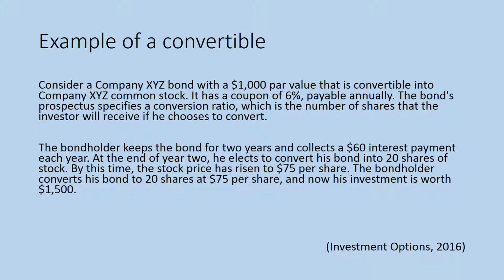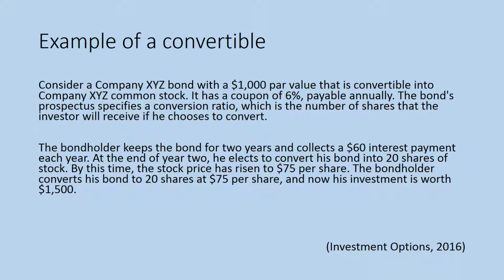Consider a company XYZ bond with $1,000 par value that is convertible into XYZ common stock. It has a coupon rate of 6% payable annually. The bond specifies a conversion ratio, which is the number of shares that the investor will receive if he chooses to convert the shares. The bondholder keeps the bond for 2 years and collects $60 in interest payment each year.